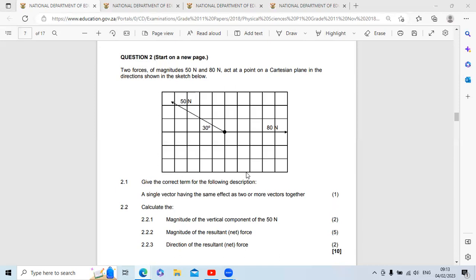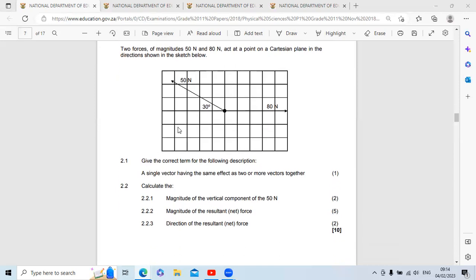So let me just fetch my calculator real quick. So basically, I'm just gonna go through the calculations very quick, and then we'll see. So the first question, they want the vertical component of the 50 Newton vector.